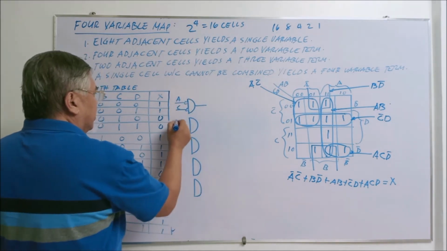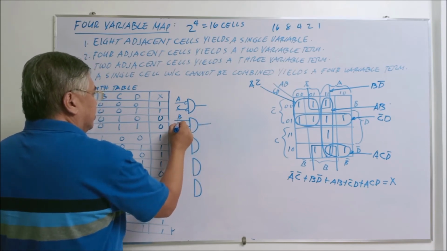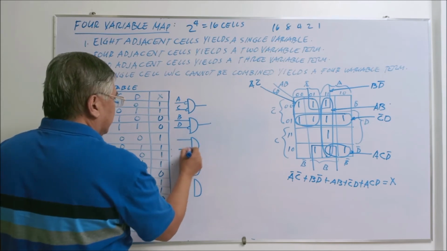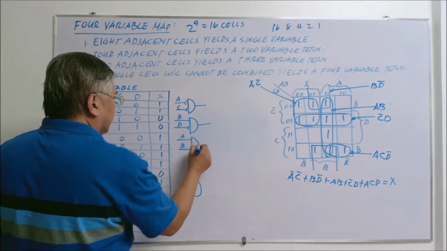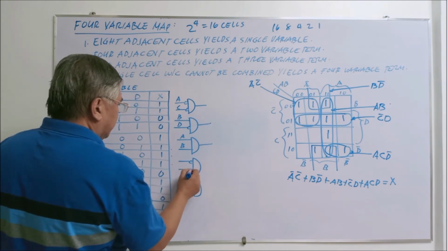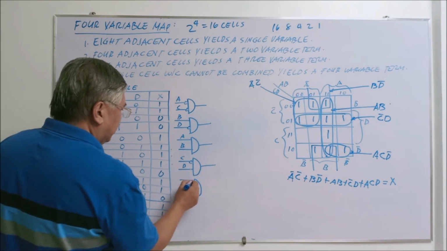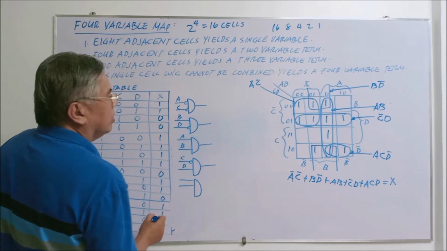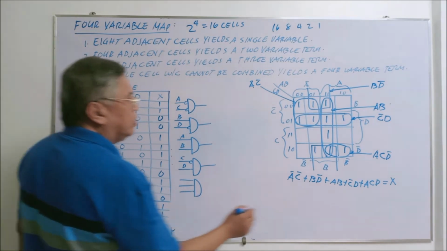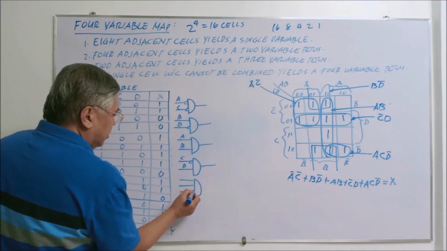Then you have B, D bar. Then A, B. Then you have C bar, D. Then you have A, C, D bar, I mean. So A, C, D bar.